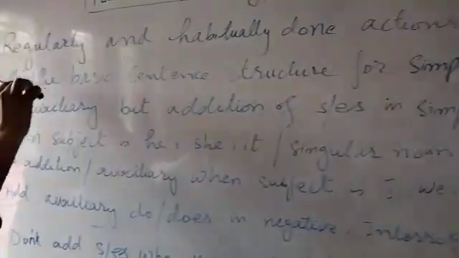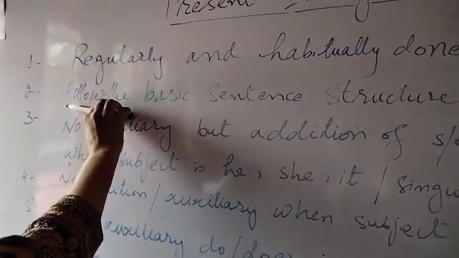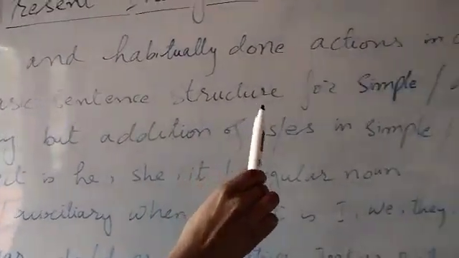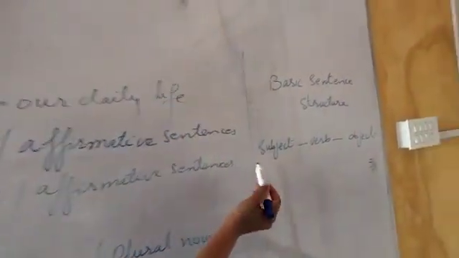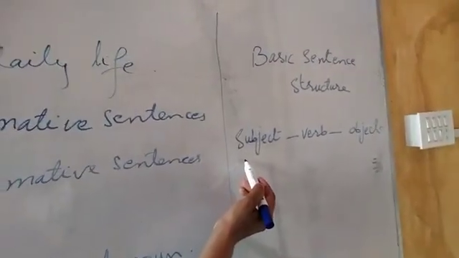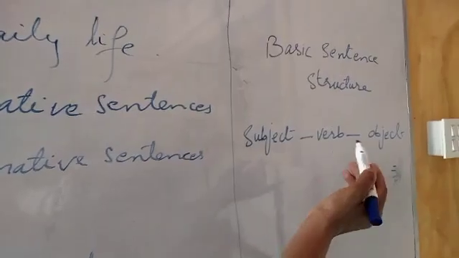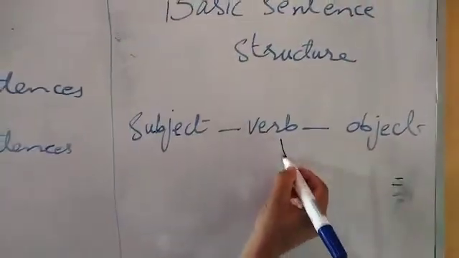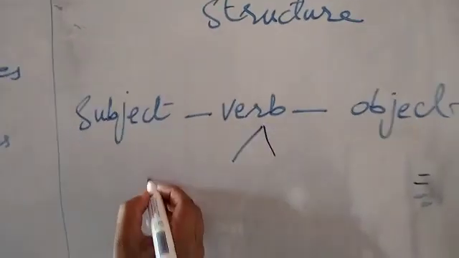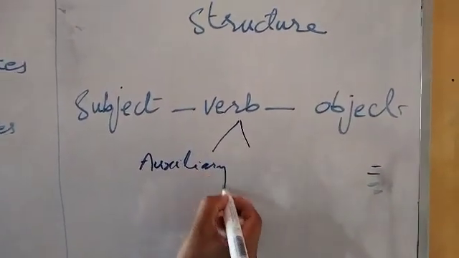Number 2, when you start writing sentences, what should you know? That you should follow the basic sentence structure for simple or affirmative sentences. For this we have to go back to the basic sentence structure. In basic sentence structure we have just subject, verb and object. Then this verb further is divided into auxiliary and lexical.